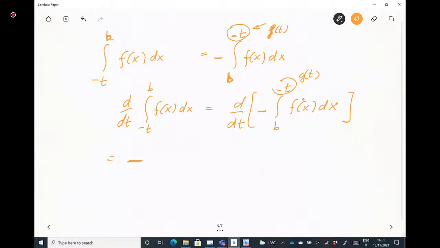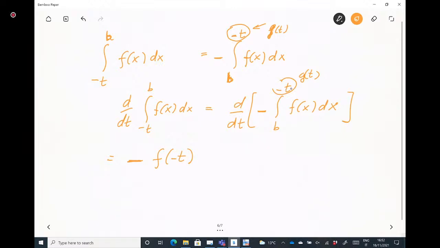the fundamental theorem of calculus says that you have to compute f at the upper limit of integration. Except that the upper limit of integration here is not exactly t, otherwise you would just have f of t.